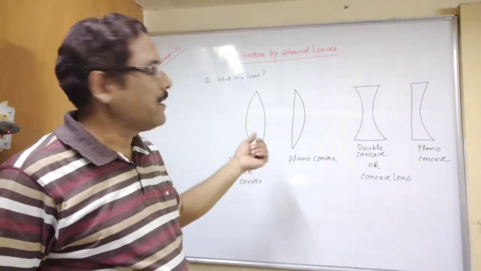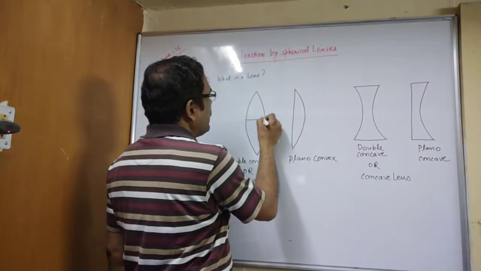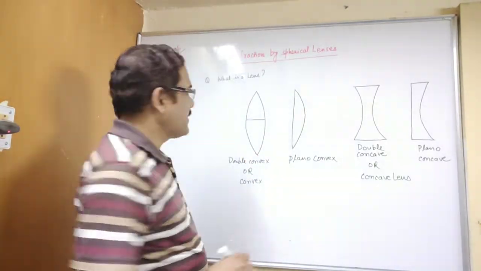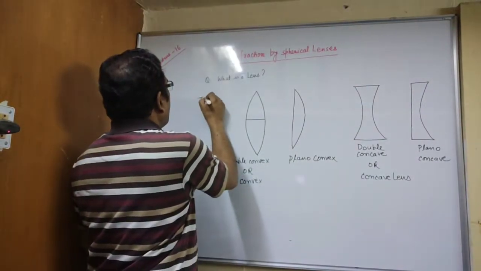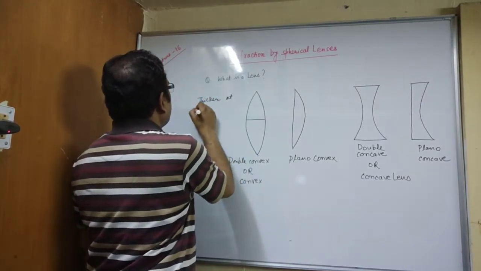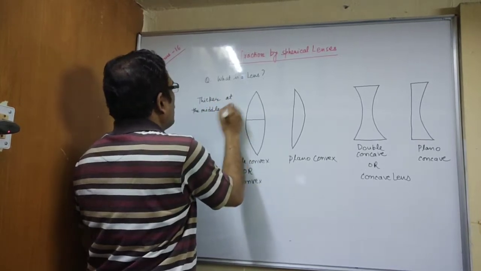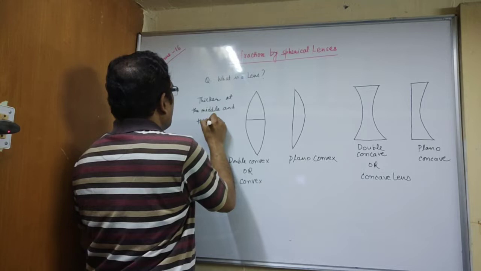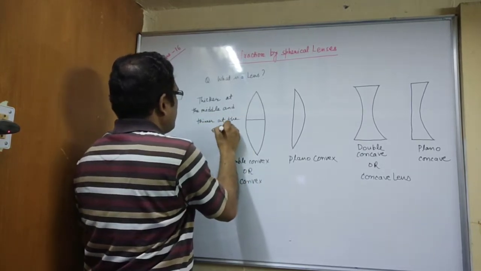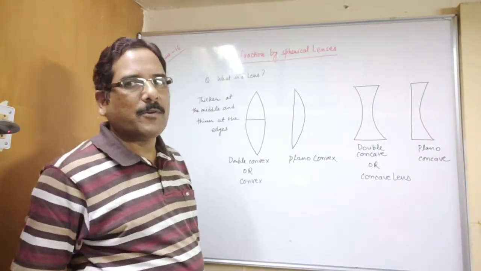You can say that a double convex lens is thicker at the middle and thinner at the edges, and a concave lens is just the opposite.